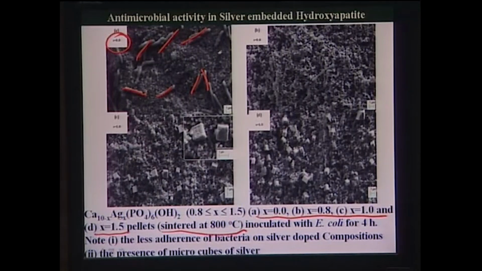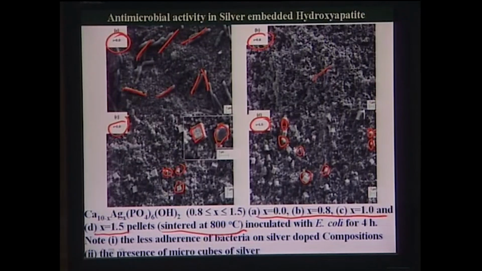At x is equal to 0.8, we do see some bacteria, but much fewer in number. At x is equal to 1 and x is equal to 1.5, you have these silver cubes coming out of the material, and we found a number of silver cubes on the surfaces, and the number of silver cubes also increases when you increase the substitution level from x is equal to 1 to x is equal to 1.5.